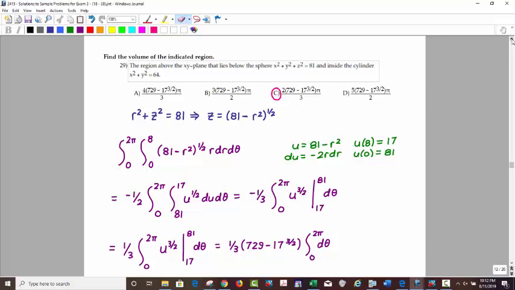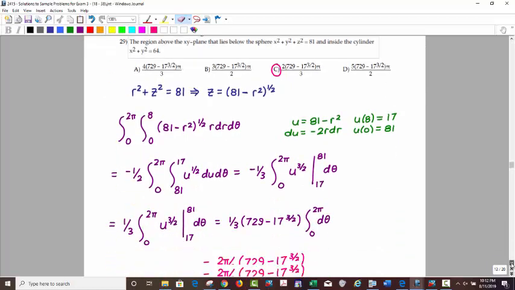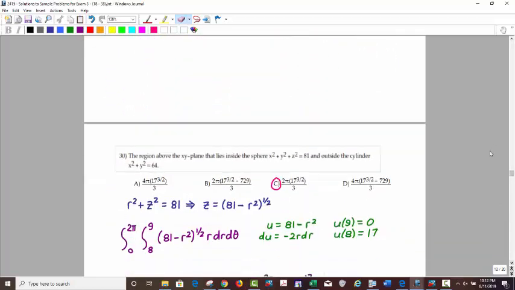Let me see if I did this one in spherical. Looks like I didn't.